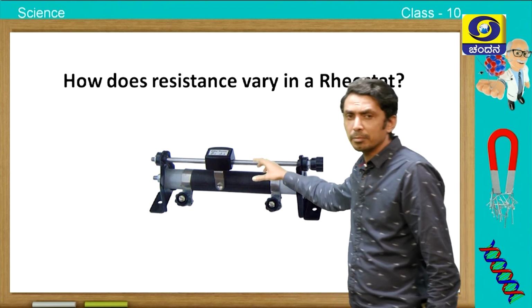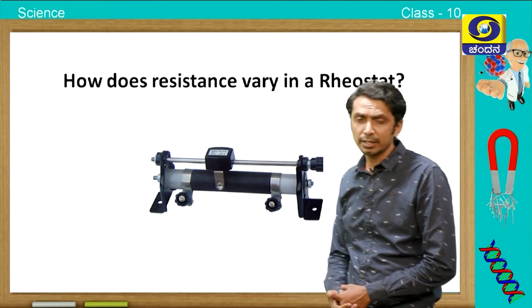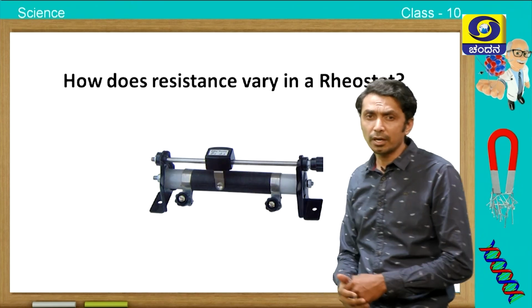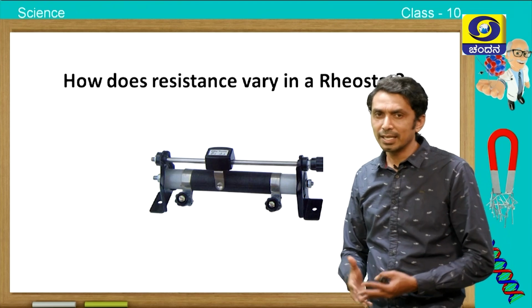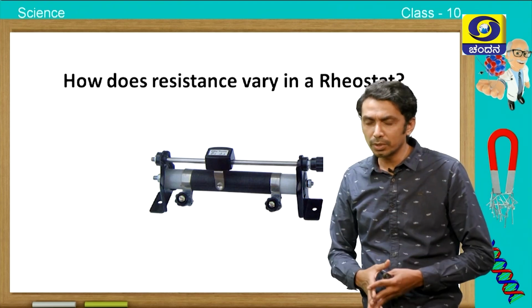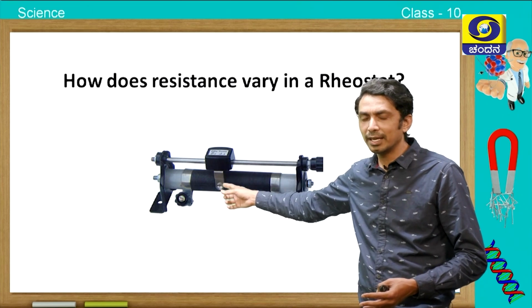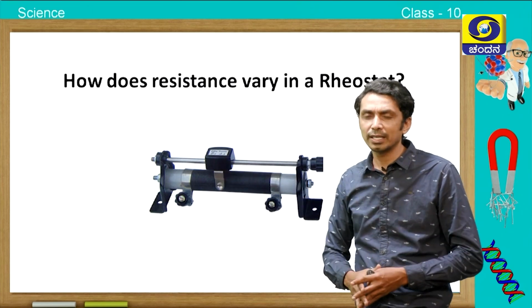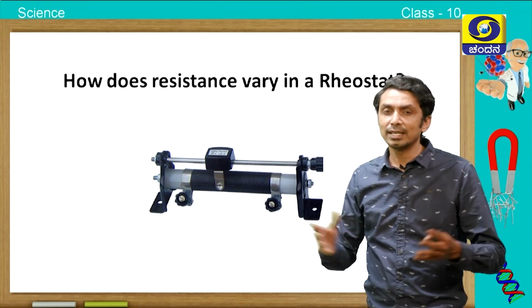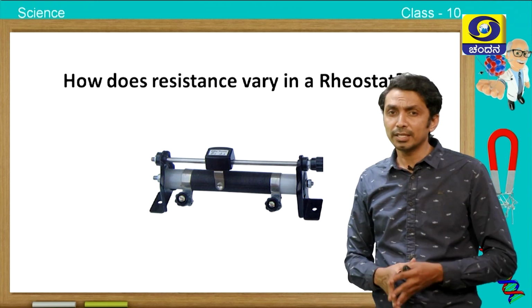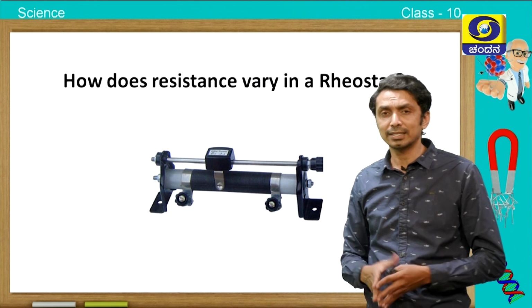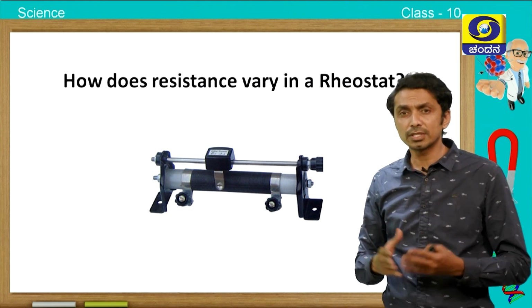That is why by sliding the connector in the rheostat, we are varying the resistance in the electrical circuit. What is varying here? Yes, in a rheostat the length of the wire is varying, which results in the variation in the resistance of the conductor or the resistance of the circuit.